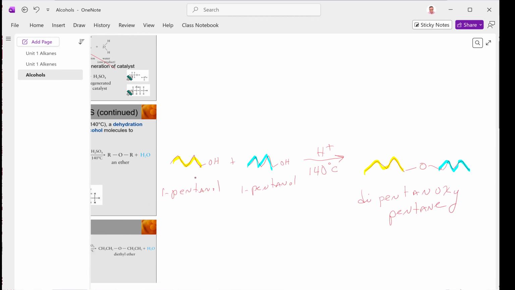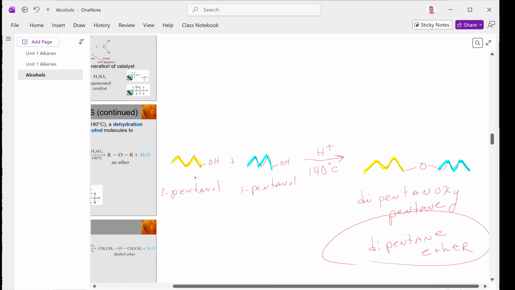That's a real mouthful. We are not going to use the official IUPAC. We're going to say dipentane ether. That will be the preferred one for our class.